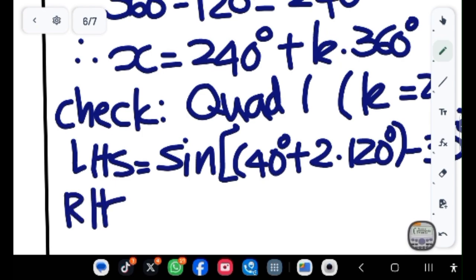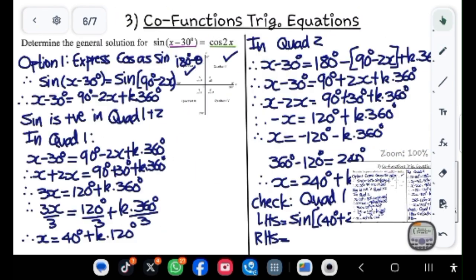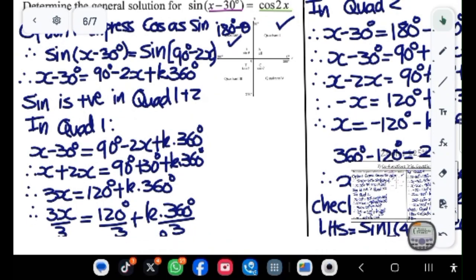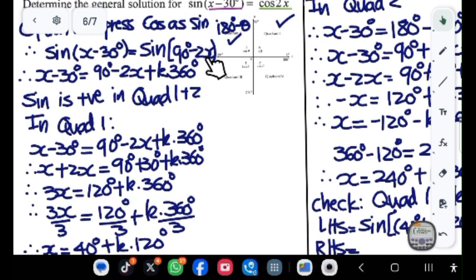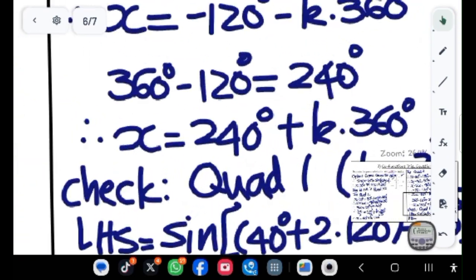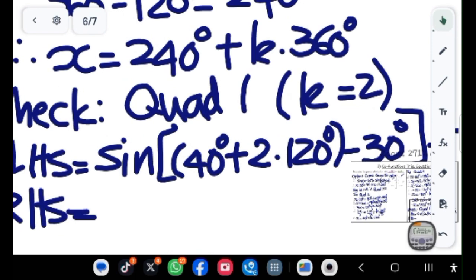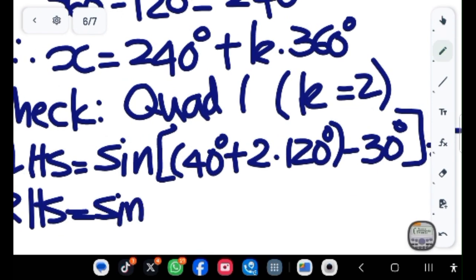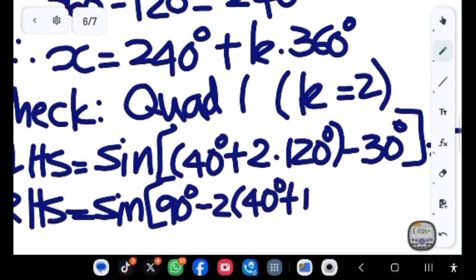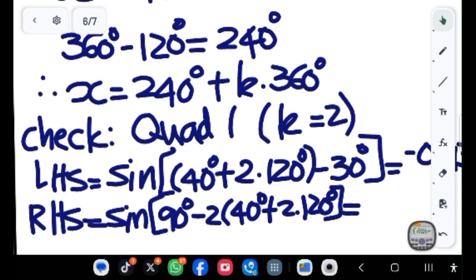The right hand side for this particular question would be sine of 90 minus 2 times that. So it will be the sine of 90 degrees minus 2 times 40 degrees plus 2 times 120. Let's check that one.